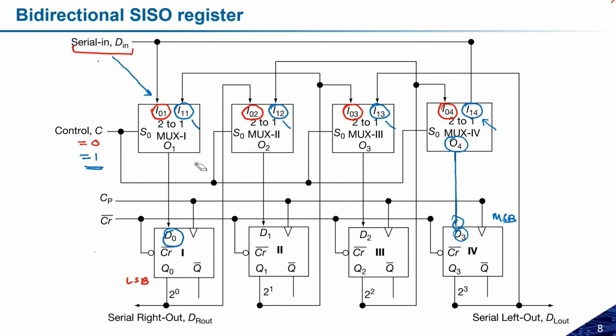This is how we can design the same circuit in a bidirectional way. It can act as a left shift register or right shift register, depending on the status of this control signal. So the control signal decides the direction of movement.